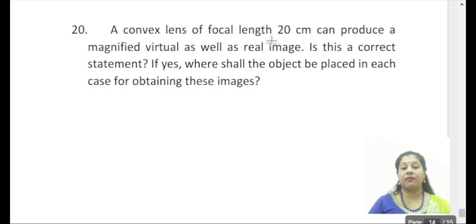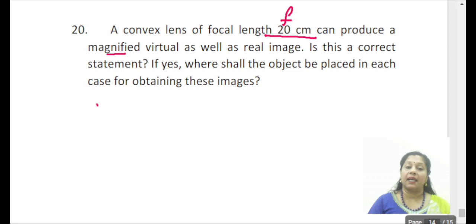A convex lens of focal length 20 centimeter, so F is given, can produce a magnified virtual as well as real image. Is this a correct statement? If yes, where shall the object be placed in each case for obtaining these images?